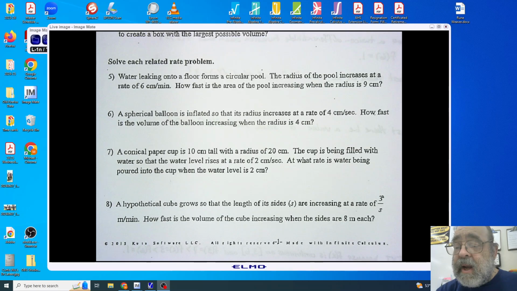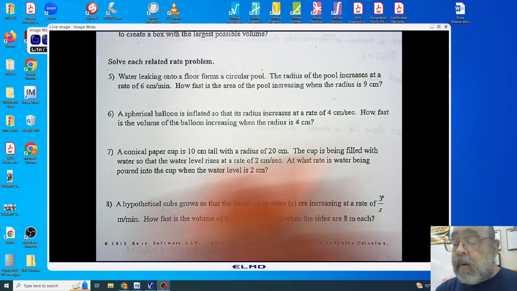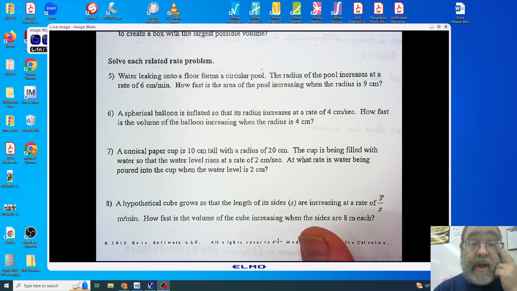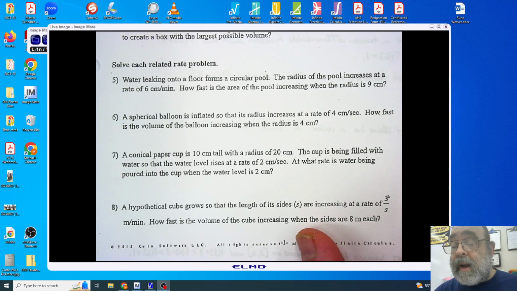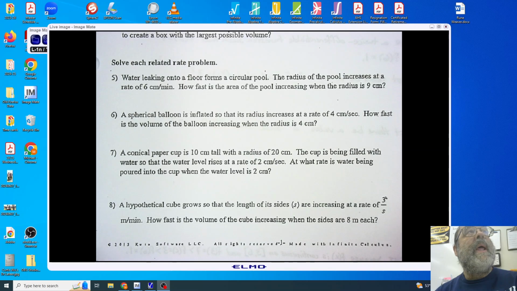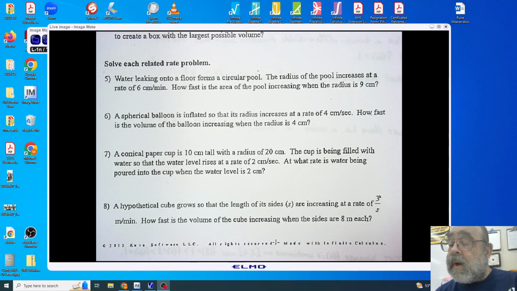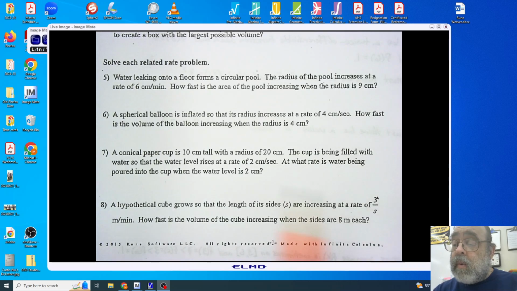Today we're going to be taking a look at 4 related rates problems in preparation for your Quizzo on Friday. Now, the whole idea here is just to give us more practice working with related rates. And I've got 4 related rates problems that I have you working on today. So we're looking at water leaking onto a floor, forming a circular pool. A spherical balloon is inflated so that its radius is increasing.